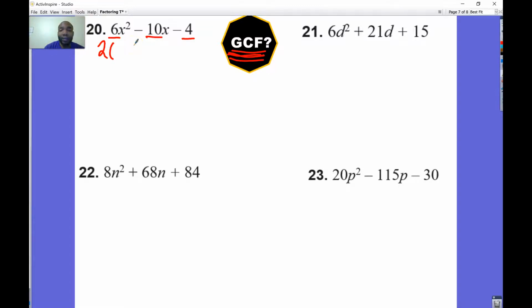And then I'm going to divide everything by 2. So 6x squared divided by 2 is going to give me 3x squared. And then negative 10x divided by 2 gives you a negative 5x. And then negative 4 divided by 2 is negative 2. So that's the only new thing today.